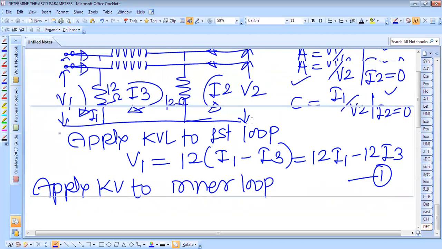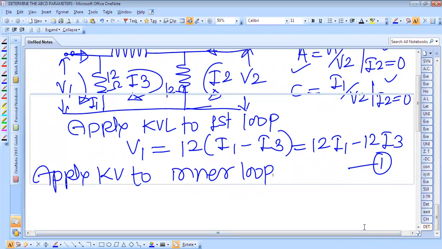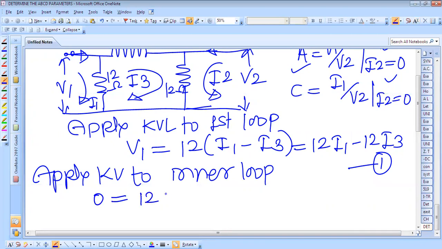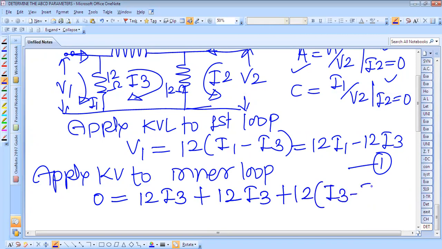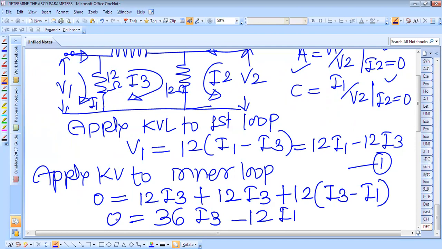So inner loop is this loop. There is 0 voltage source, and this is 12 into I3 plus 12 into I3 plus 12 into I3 minus I1. So here it will be 36 I3 minus 12 I1 is equal to 0.